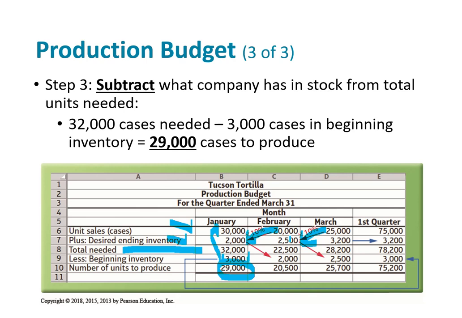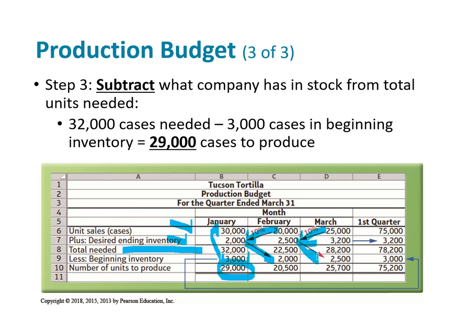Here's 10% of the desired ending inventory, and then here's 10% of the beginning inventory, which is the desired ending inventory last month is the beginning inventory for this month.